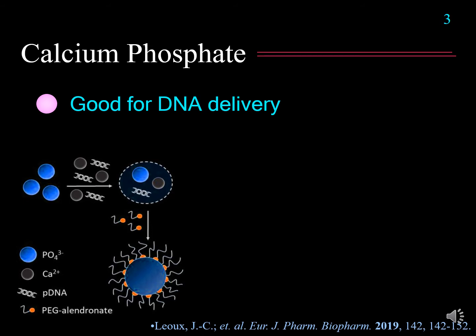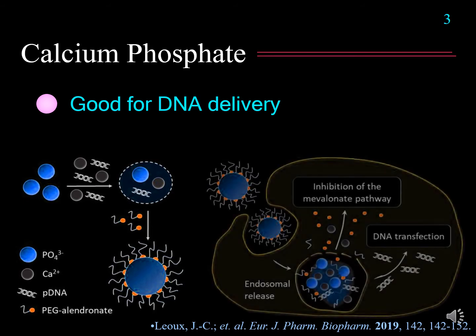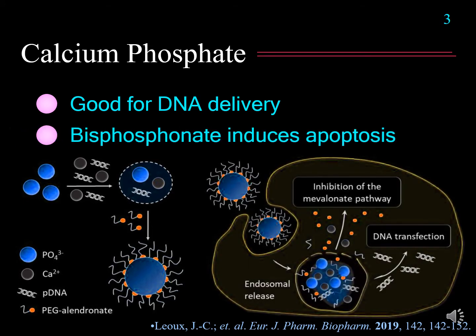After we have these nanoparticles, we can treat the cells. Calcium phosphate nanoparticles can get into the cells by endocytosis. In the endosome, calcium phosphate can be disaggregated afterwards, and then the DNA can get released into the cells and do its job.